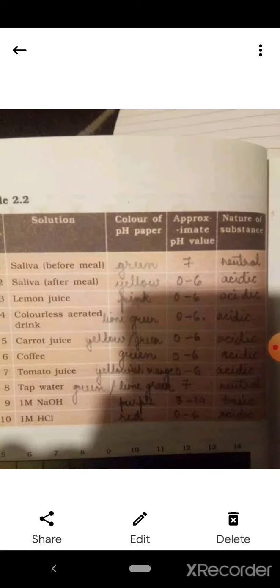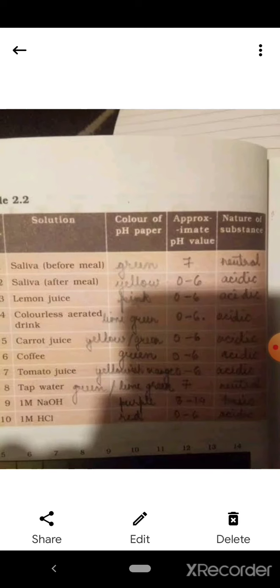Now see, if we consider the example of lemon juice, it shows the pink color on pH paper. Lemon juice shows a value between 0 to 6, that is, it is acidic in nature. We can also think about it that lemon juice consists of citric acid.